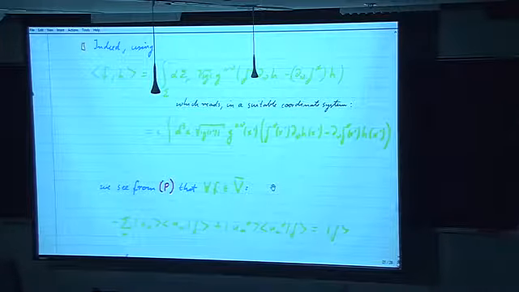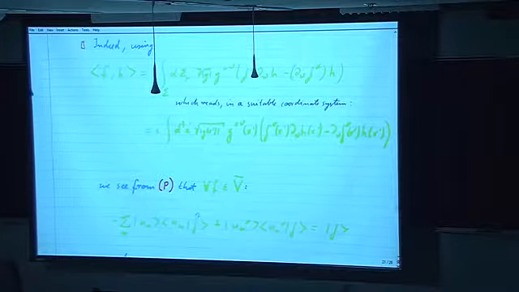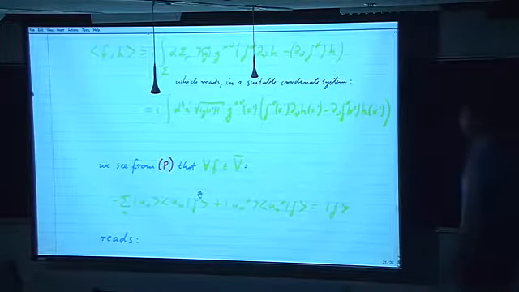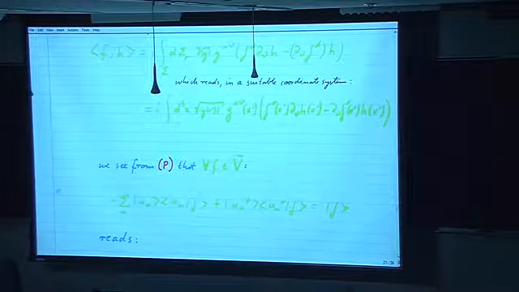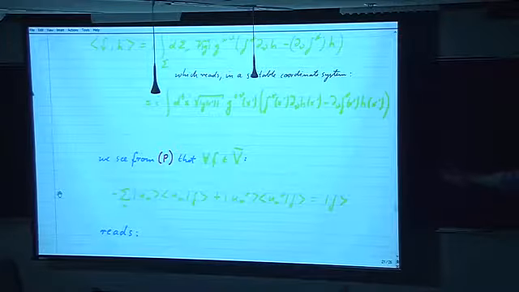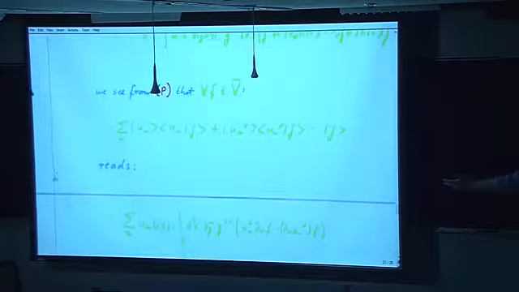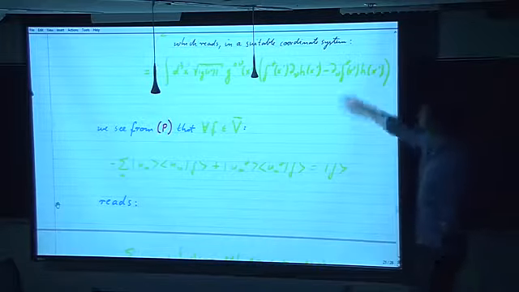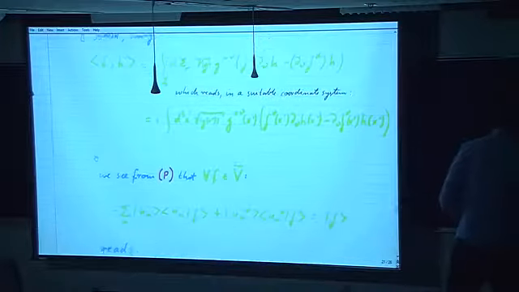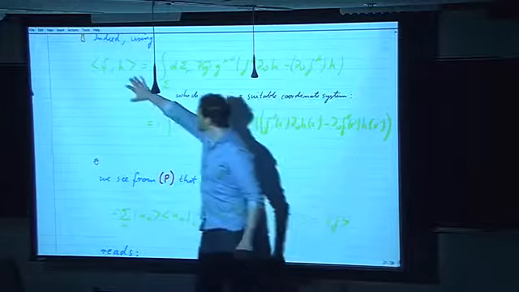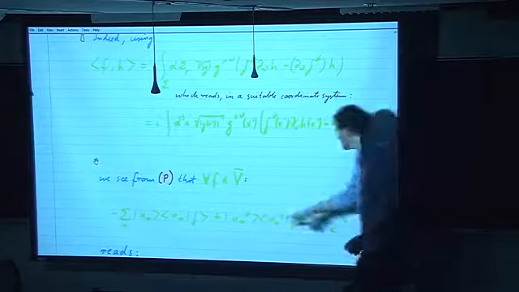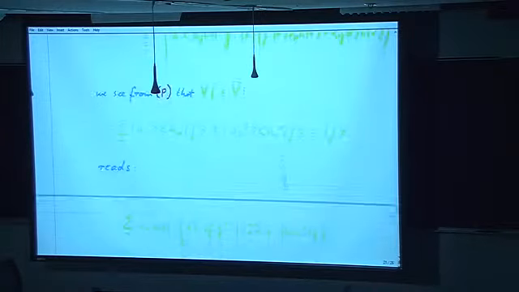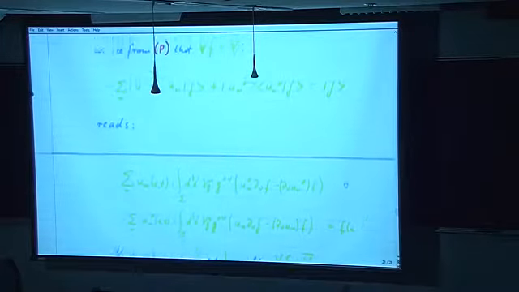And then we have that for all solutions in the space of complex valued solutions of the Klein-Gordon equation, this resolution of the identity holds, and plugging that expression for this kind of product into here, we obtain this equation.